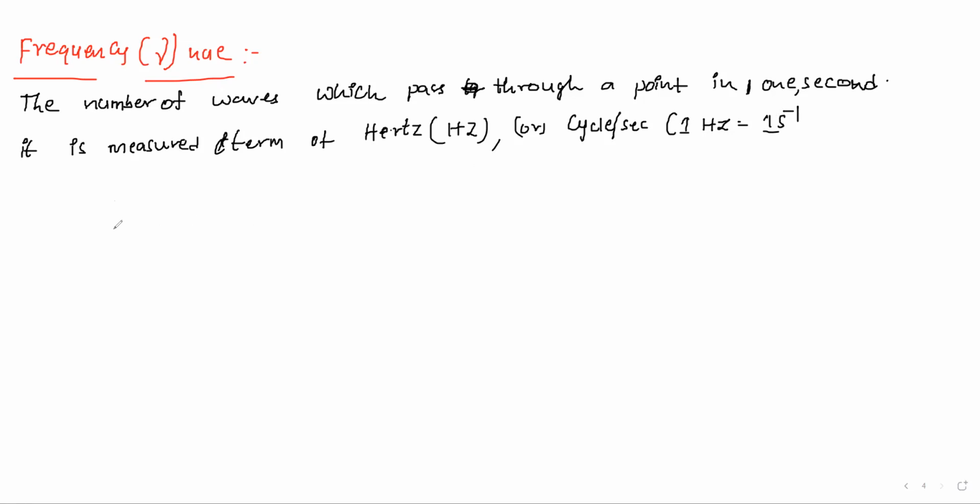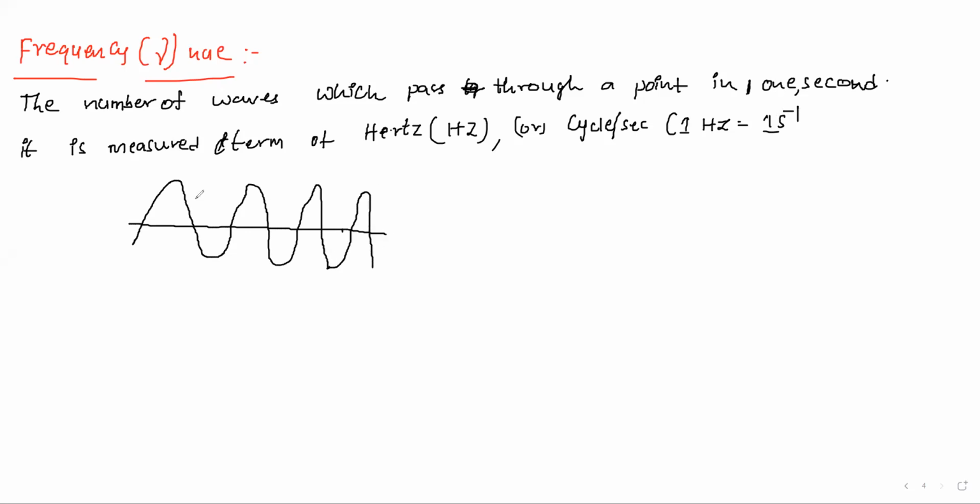ఇప్పుడు this one propagates in space. Obviously, it produces waves. The distance between two nearest crests, or two nearest troughs, is called wavelength. The number of waves present in unit length is called wave number.